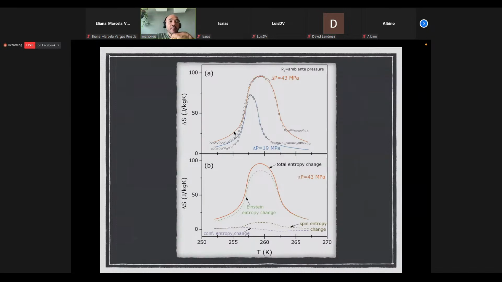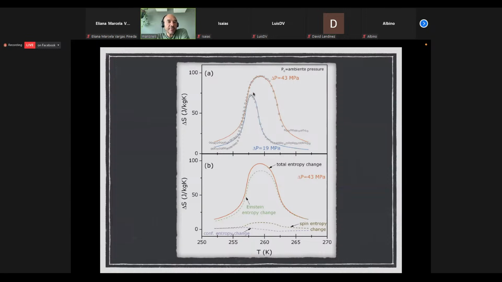Okay. And here, the dotted lines are the experimental results that came from that reference for 43 and 19 megapascal. And the solid lines are the fits from our model. And here the contributions. The solid line in this picture, figure B, is the same as this one.